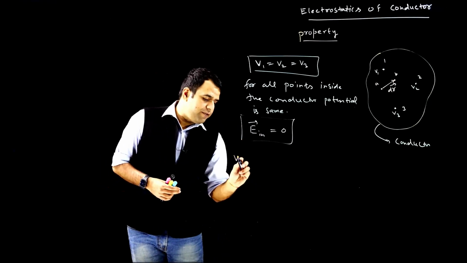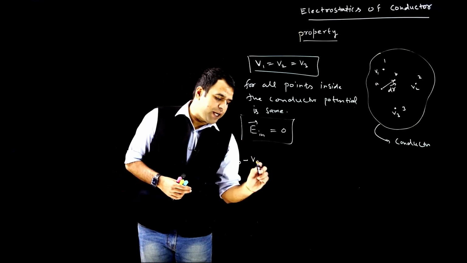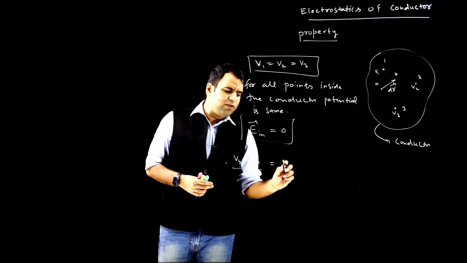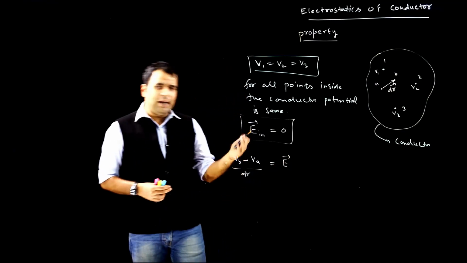So if potential at B minus potential at A divided by dr, if you see, that will be equal to the electric field, if A and B are very nearby.